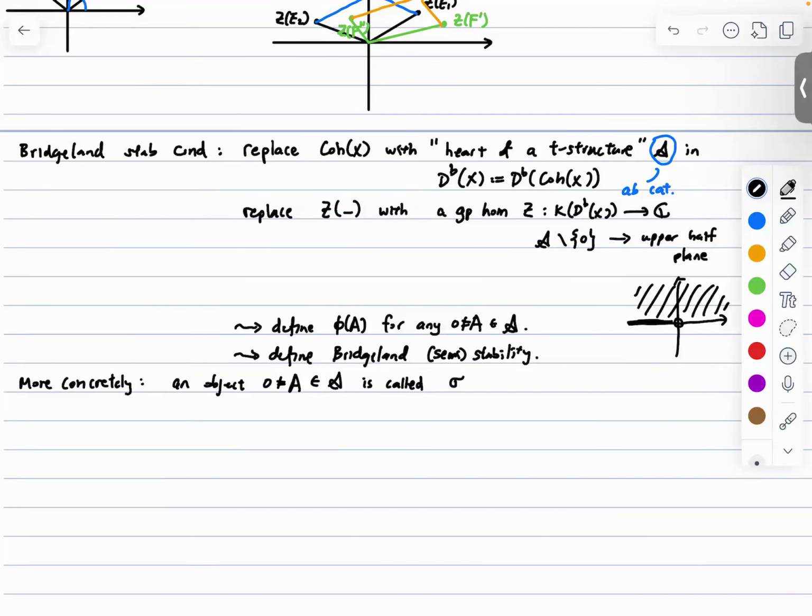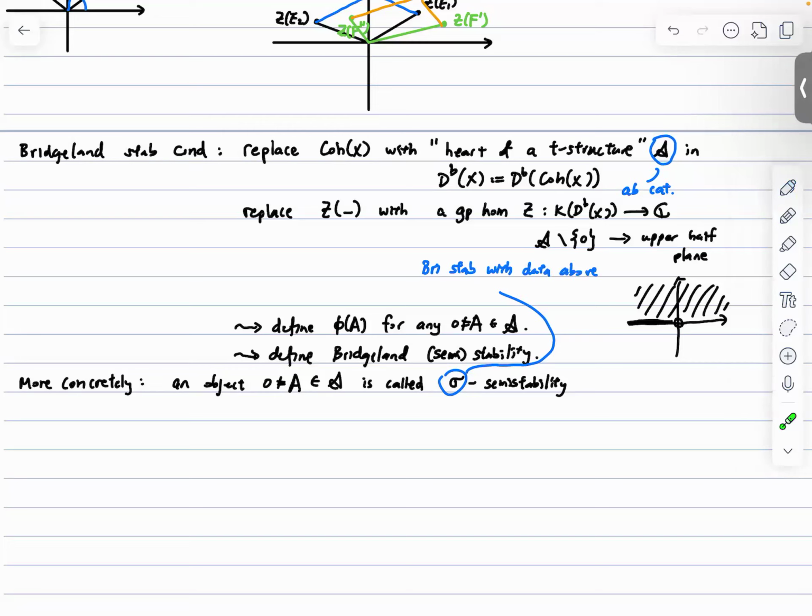And let me use sigma to denote all this data defining this Bridgeland stability. So sigma here refers to a Bridgeland stability with the data above. So we say a non-zero object A in this abelian category is Bridgeland semi-stable.